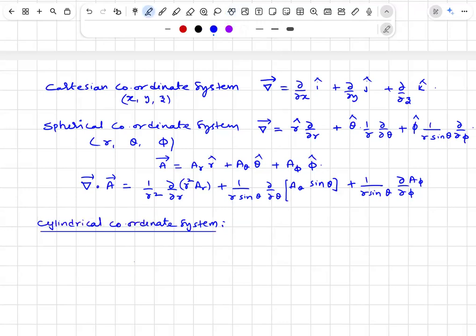You use r, theta, phi there. Here you will use r, phi, z coordinates in place of x, y, z.